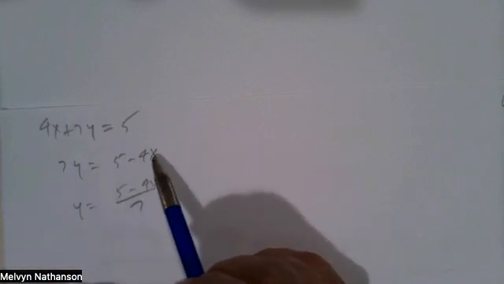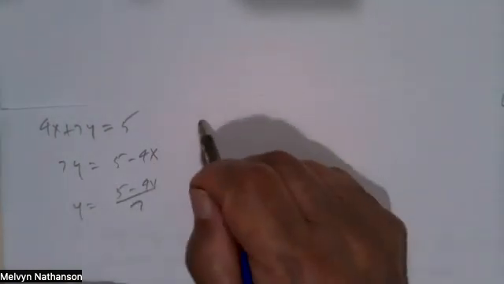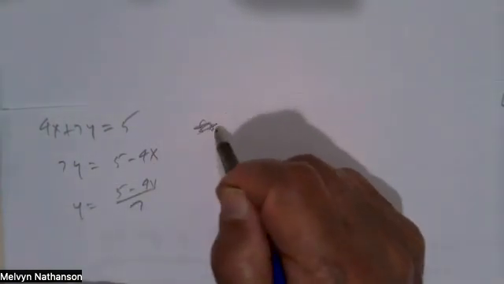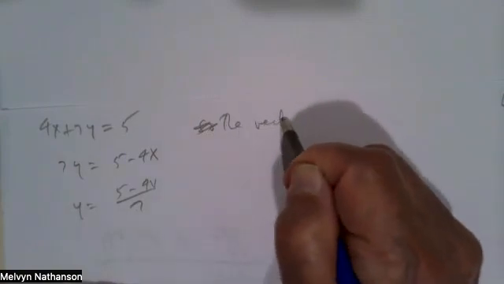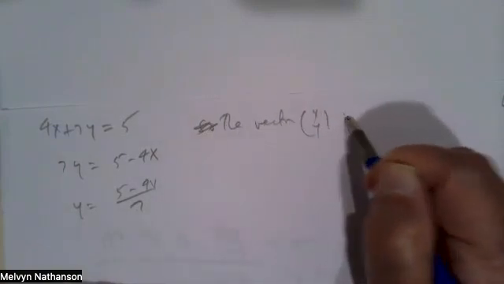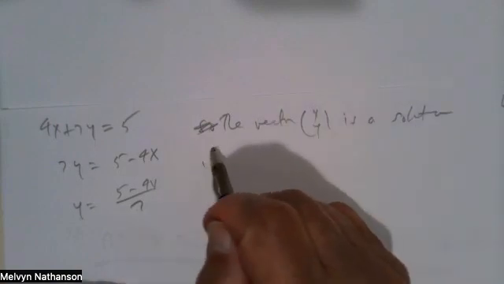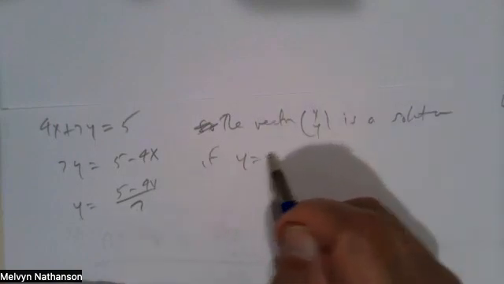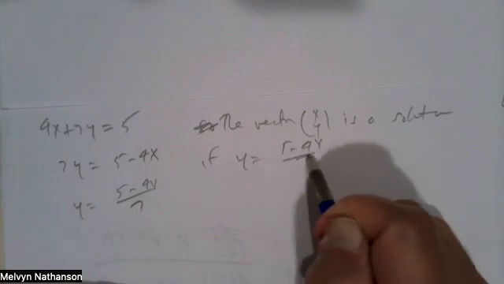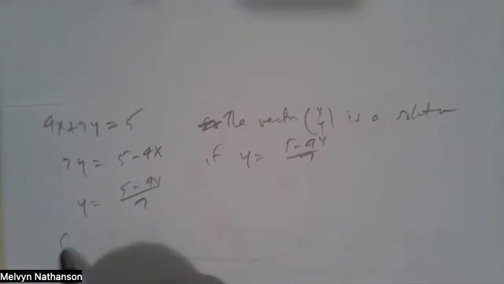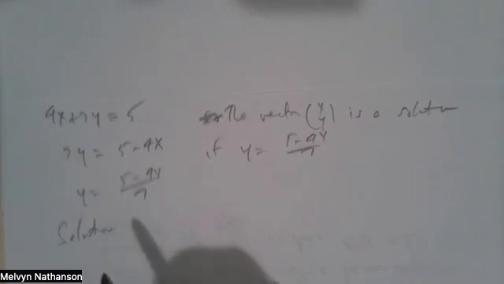So you can choose any value for the coordinate x, and then y has to be this. So the vector x, y is a solution if and only if y is 5 minus 4x over 7. So what is the solution space?